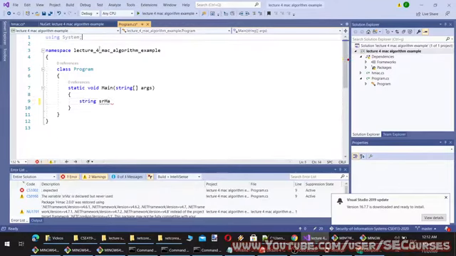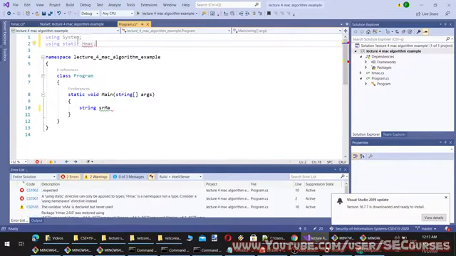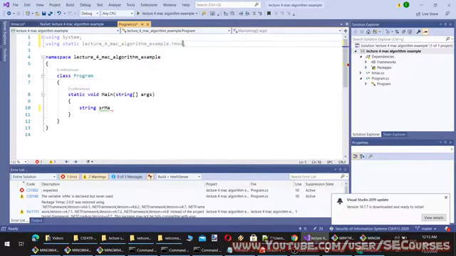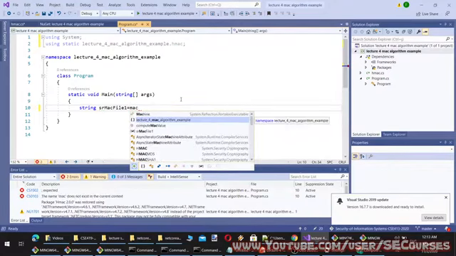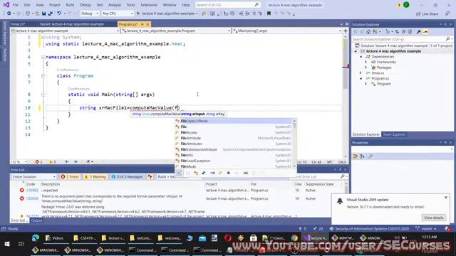I'm going to add this as using static HMAC. Okay. Yeah, you need to type the full name of the class. One will be equal to ComputeMacValueFromFile.